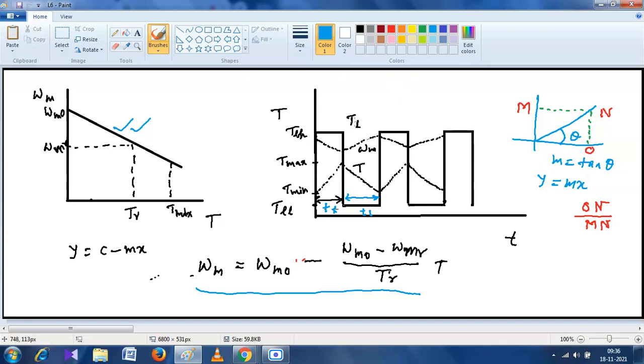What is the highest torque, and if t tends to infinity, what should be the value of machine torque? It is T max. No, T max is the value of machine torque at t is equal to th. Okay.